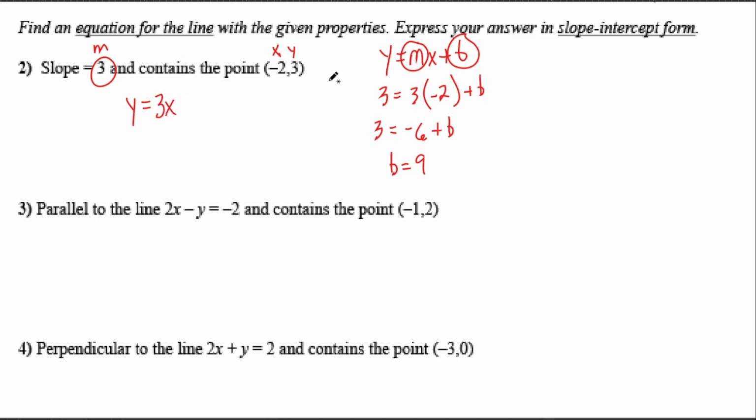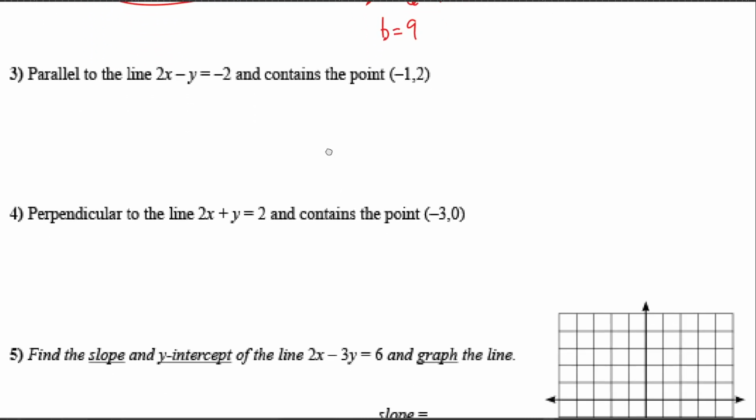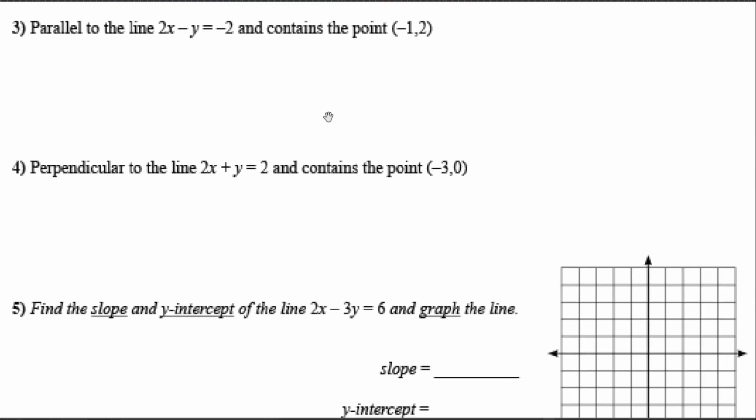Just stick the x there, and then you put the b. That's why we did all this stuff right here, to find the y-intercept. And it's 9. It's a +9, so we put +9, and that is our equation. Simple as that. We good with that? All right. That's probably the easiest version of finding the equation of a line.